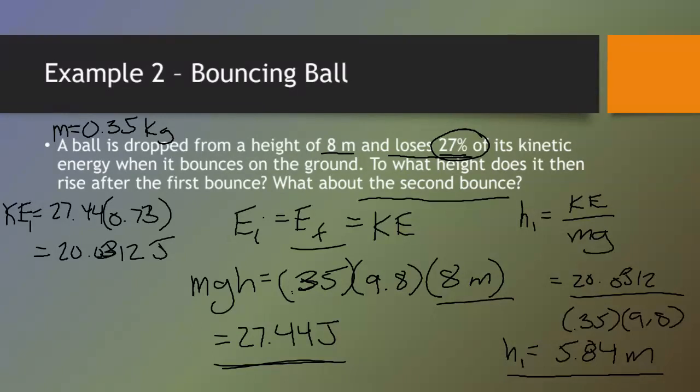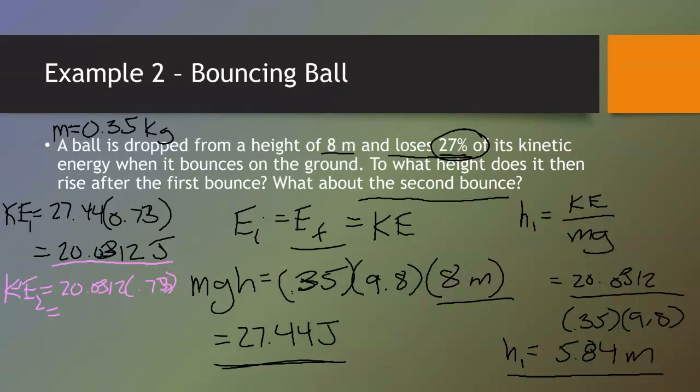And so we can talk then about the second bounce. And I'm just going to change to a slightly different color if it'll show up okay. For the second bounce, we lose another 27%. And so now we take 20.0312 times 0.73. I'm having issues writing threes with this pen today.